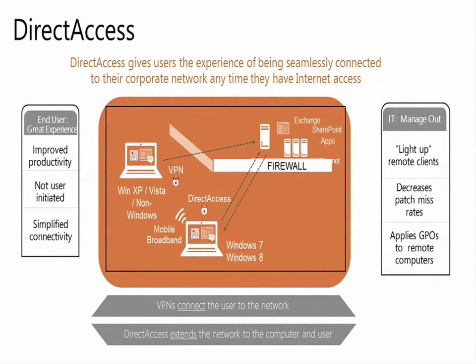Look on the right-hand side here, talking about managing out. In the old days with a VPN, again, I would save stuff up for a month, like expense reports, to only have to do them when I was connected to the corporate network. When was I a manageable resource to the IT staff for my laptop? When could they manage it, like run GPOs, put patches out? Only when I was VPN'd.